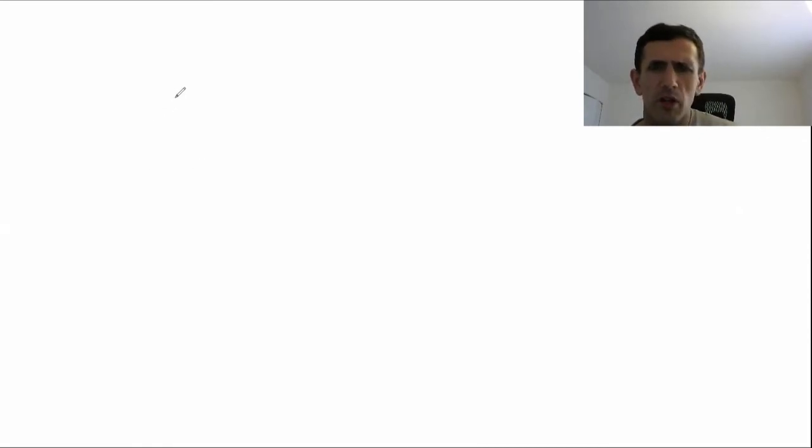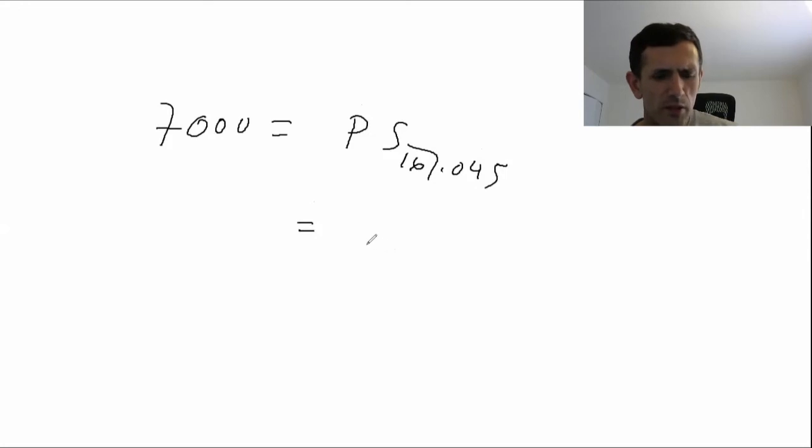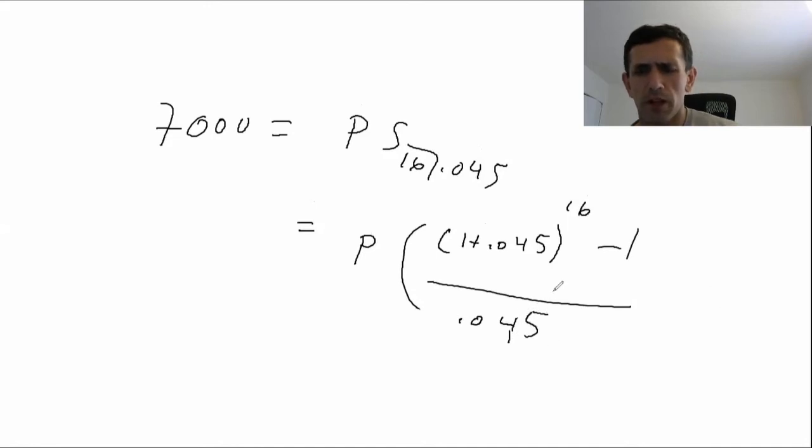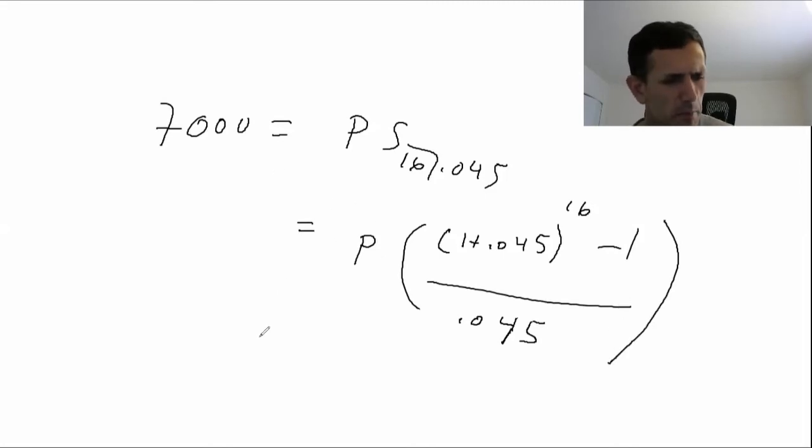Maybe I should have just written this on this page, so I'll just write this really quickly. Okay, so this is going to be P, dump it into our formula, (1 plus j) where j is 0.045, to the 16 minus 1, over 0.045, which is our j. That's good enough. Kind of a pain to write with this pen here, but anyway.